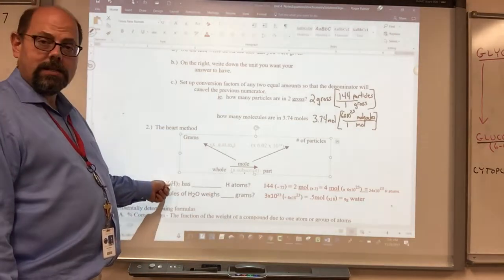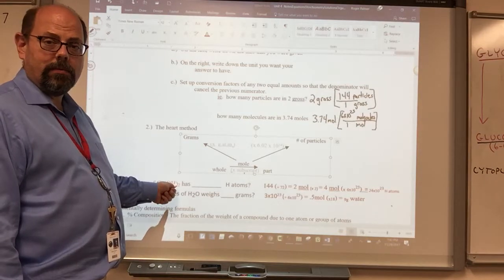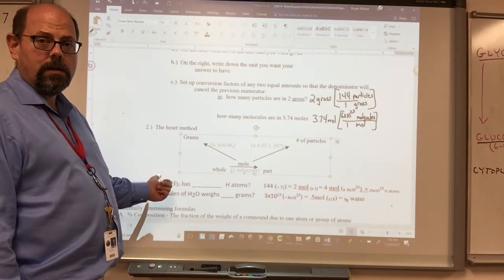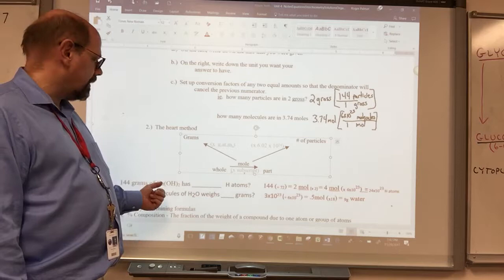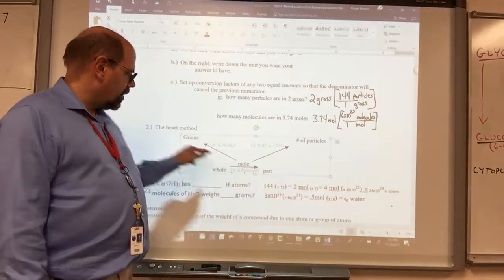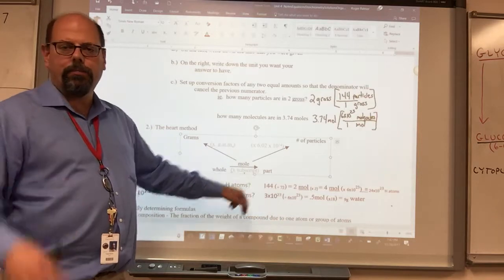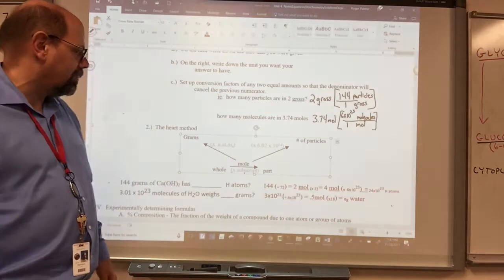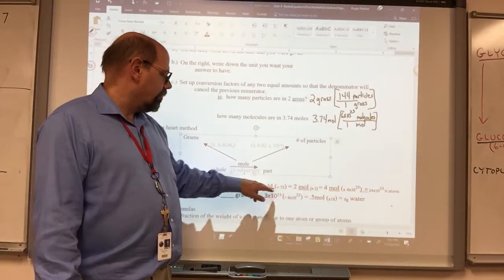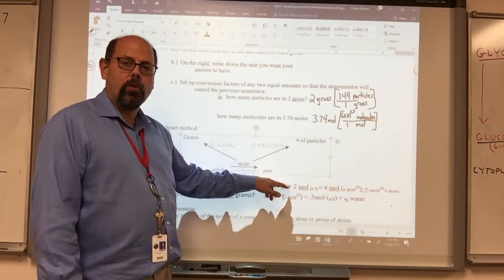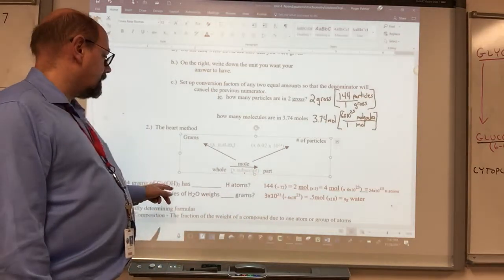Calcium's 40, that's 16 and 1, that's 17. There's 2 of those at 34, 17. Sorry, 34 plus 40 is 72. So if I'm going to go against this arrow, I'm going to take 144 and divide by 72. Now I've tried to give you a pretty even amount of numbers in some cases so that you get the hang of this. 144 divided by 72 is just 2 moles of calcium hydroxide.